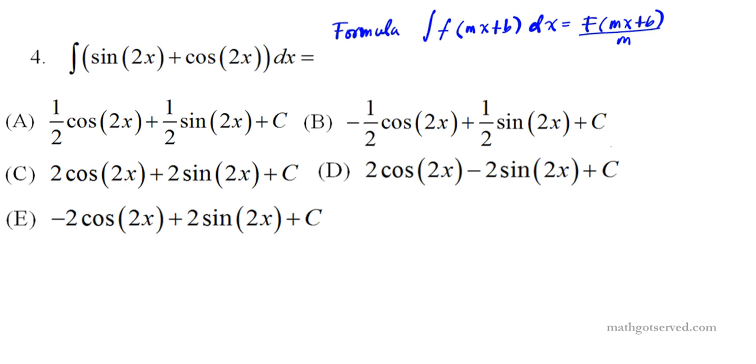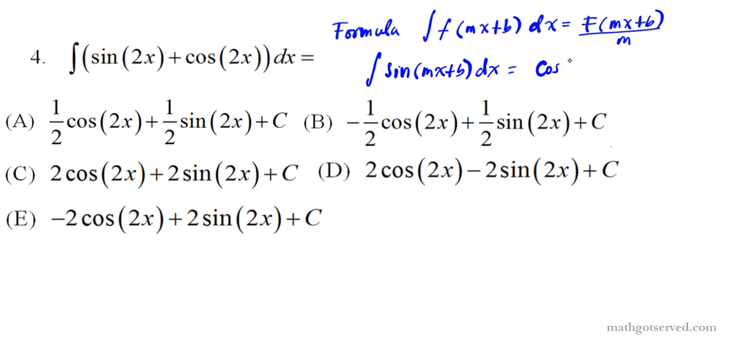So following this formula, we can easily see that the antiderivative of sine of mx plus b, remember this formula is applicable only to cases where the inner function is a linear function, like 2x. So the antiderivative of sine, the question most students ask is, is this going to be positive or negative?